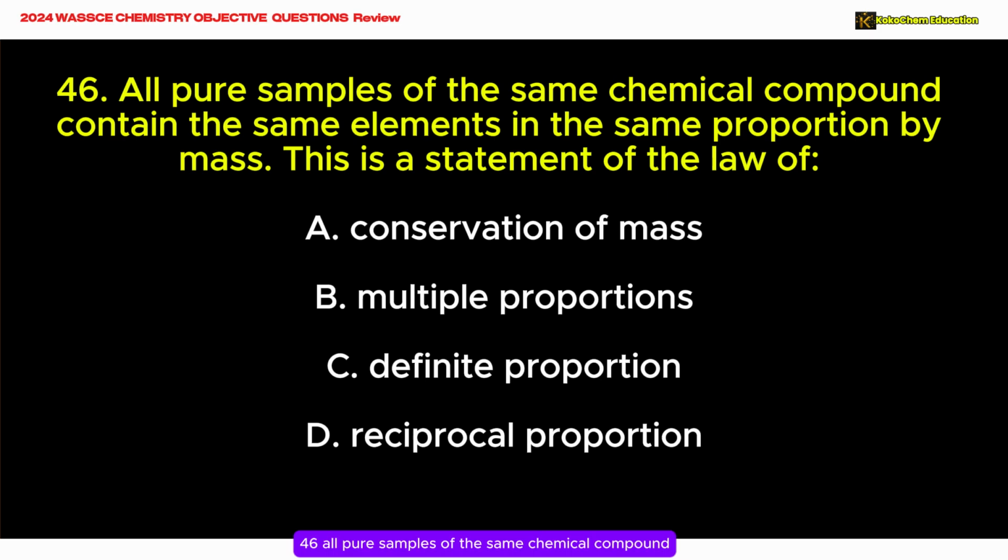46. All pure samples of the same chemical compound contain the same elements in the same proportion by mass. This is a statement of the law of A. Conservation of mass, B. Multiple proportions, C. Definite proportions, D. Reciprocal proportions.